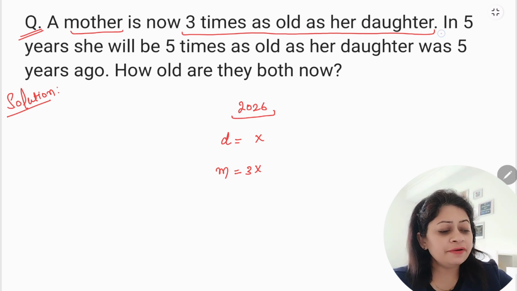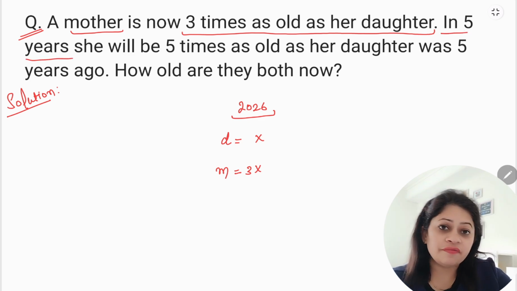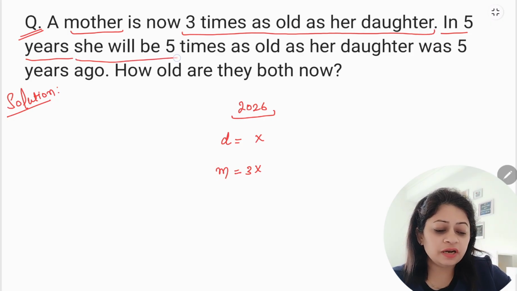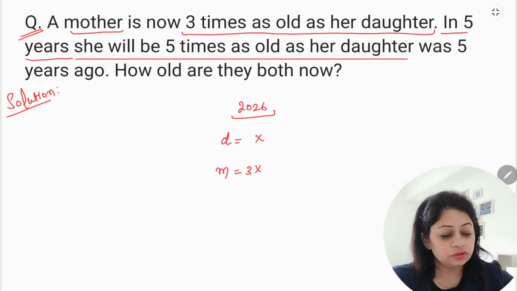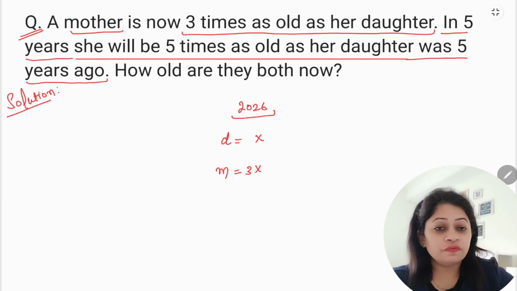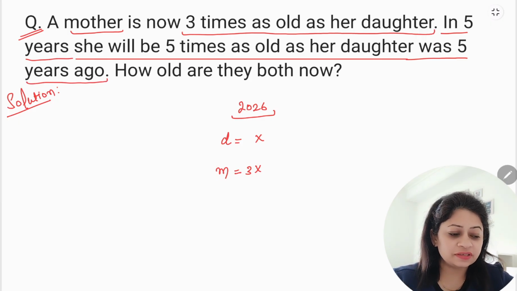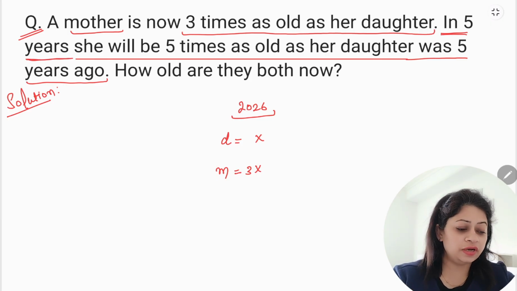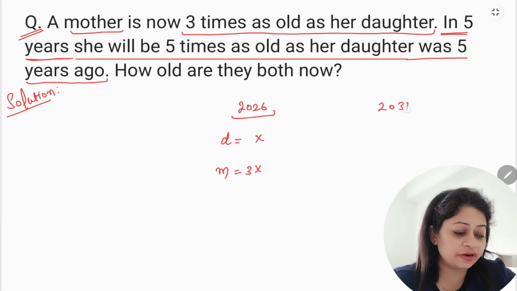Okay. In 5 years, like after 5 years, she will be 5 times as old as her daughter was 5 years ago. So, we'll read the complete sentence first, okay? So, in 5 years, first I will find their age after 5 years, like in 2031, I can say.